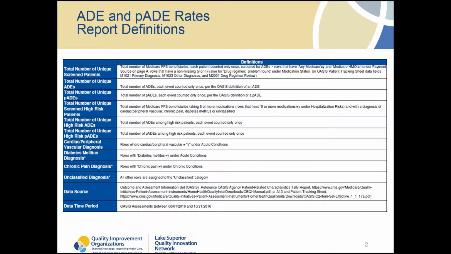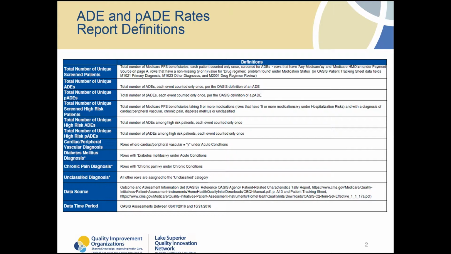Rows that have a non-missing Y or N value for drug regimen problem found under medication status or OASIS patient tracking sheet data fields M1021 primary diagnosis, M1023 other diagnoses, and M2001 drug regimen review.